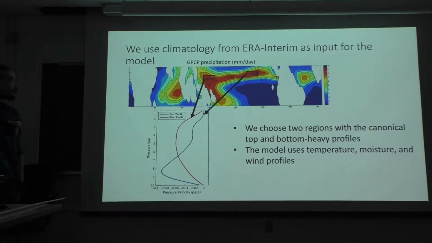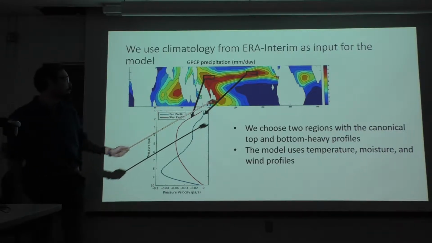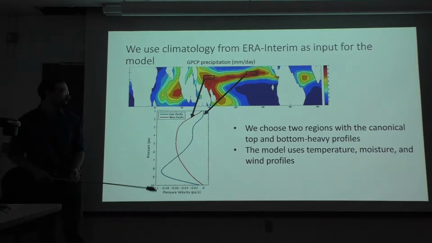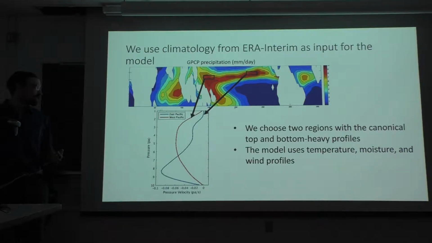For our data to actually input in the model, we're using data from two specific regions in the Central East Pacific and the West Pacific warm pool. These regions were chosen because in reanalysis and GCMs, we see the canonical bottom-heavy vertical motion and top-heavy vertical motion that we want to study.